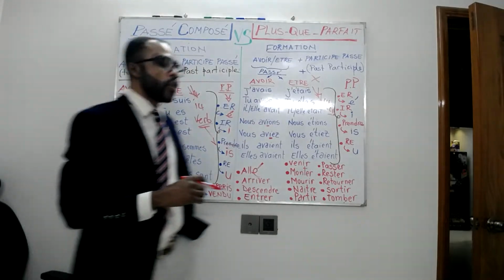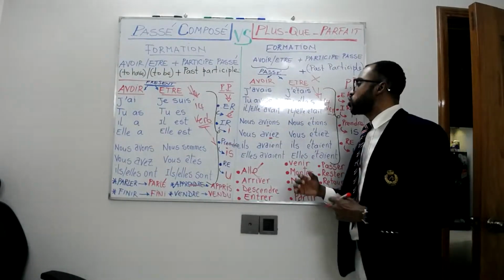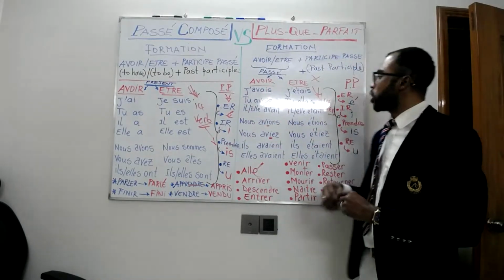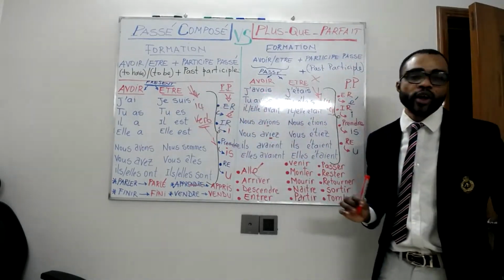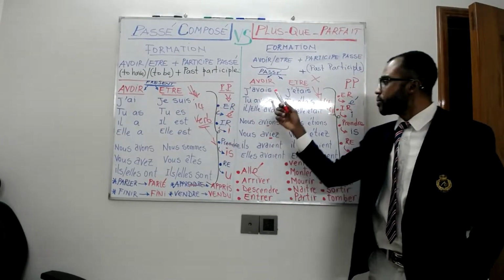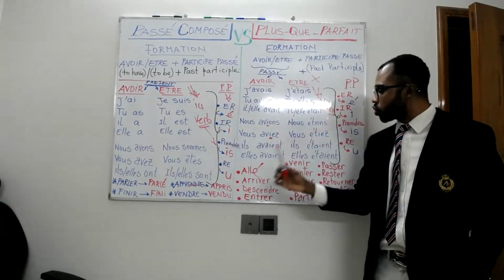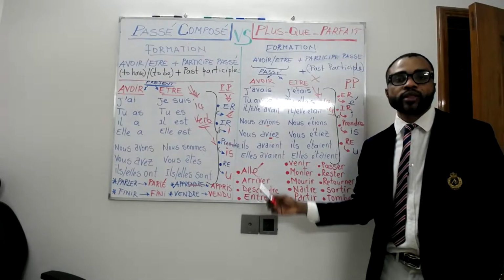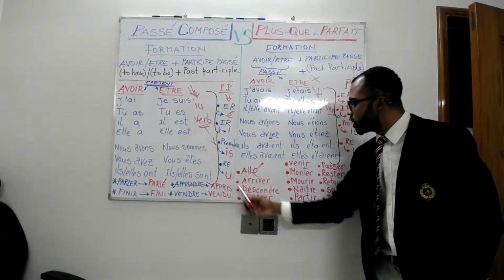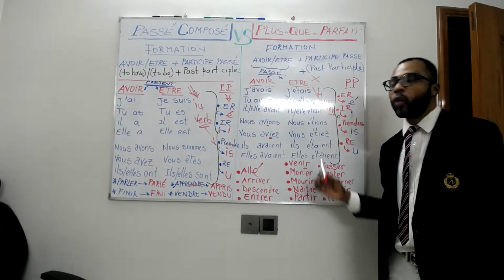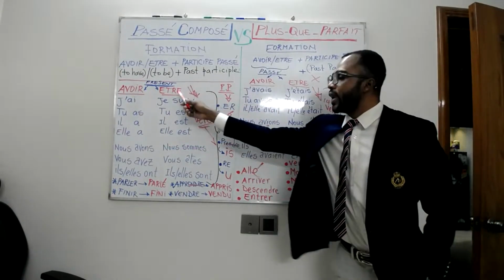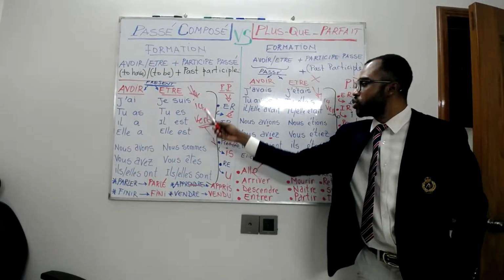So these are the 14 verbs we have to use with je suis or j'étais, not with j'ai or j'avais. It can never work with j'ai and j'avais. So we do not use these 14 verbs with avoir. We use them only with être. Je suis, tu es, il est.